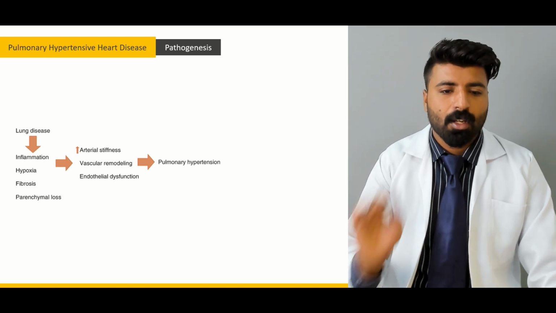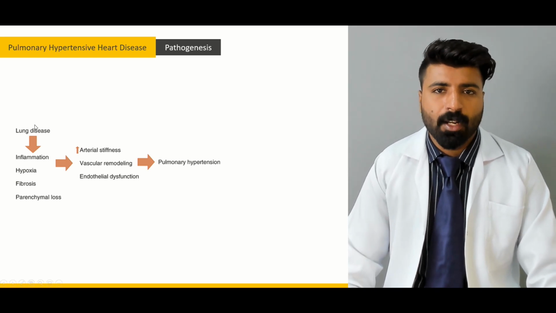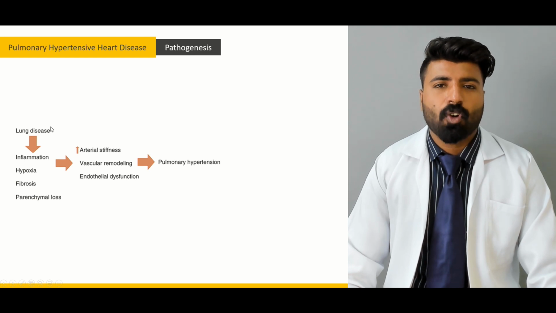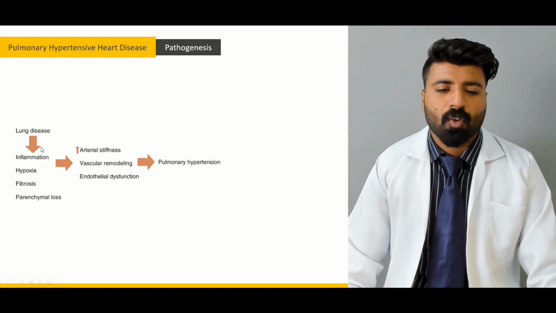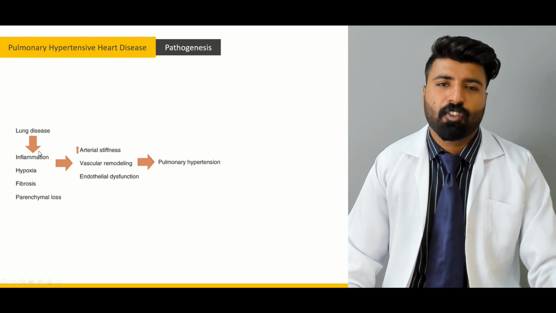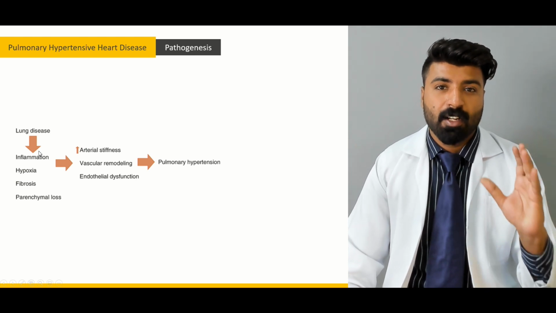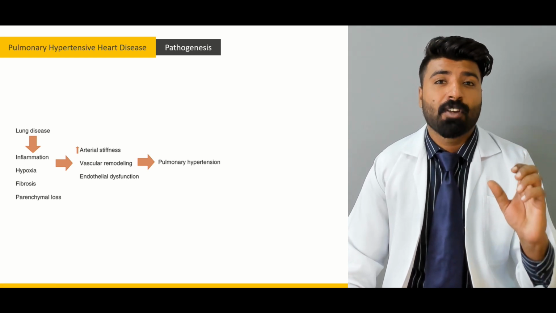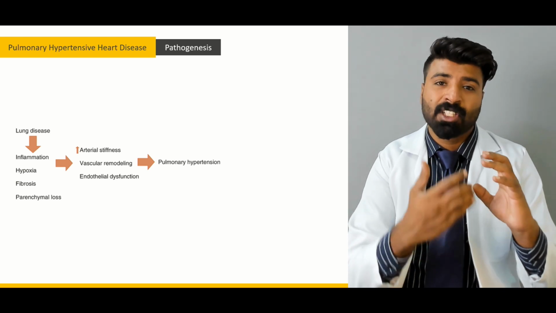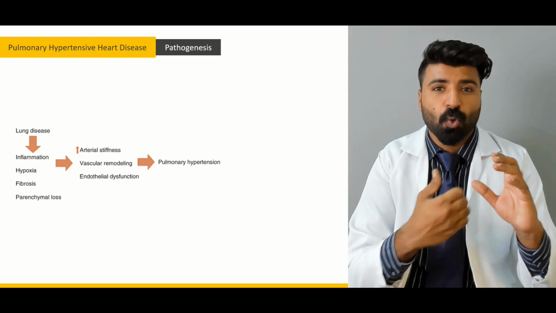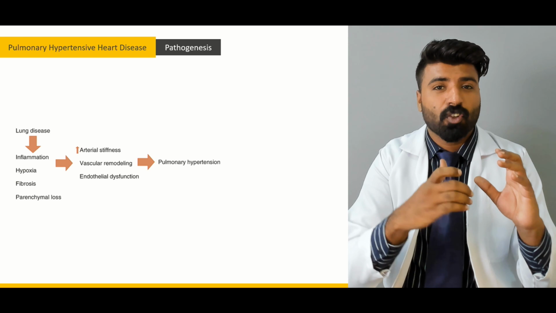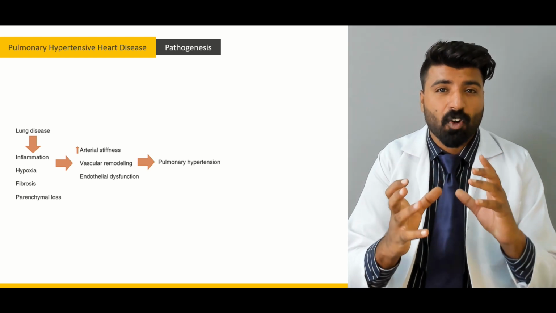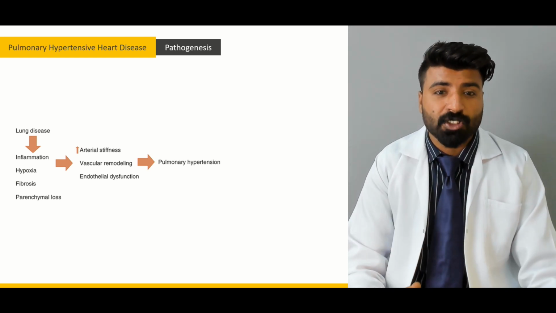But still, I'll give you a small detail on it. All those lung diseases which cause inflammation: when the lungs and alveoli are inflamed, the oxygen cannot pass through, so the blood cannot be saturated with oxygen.